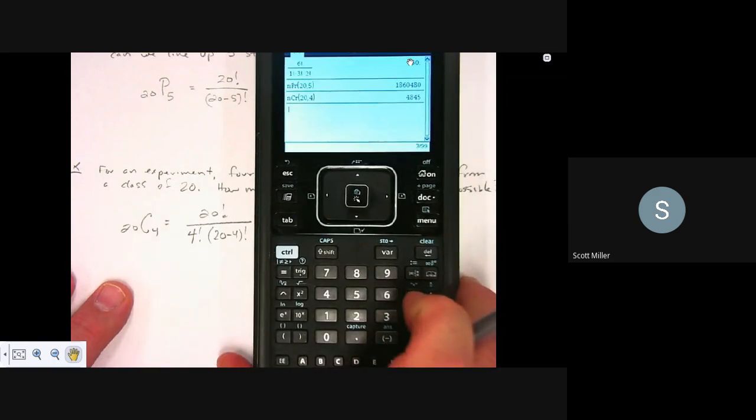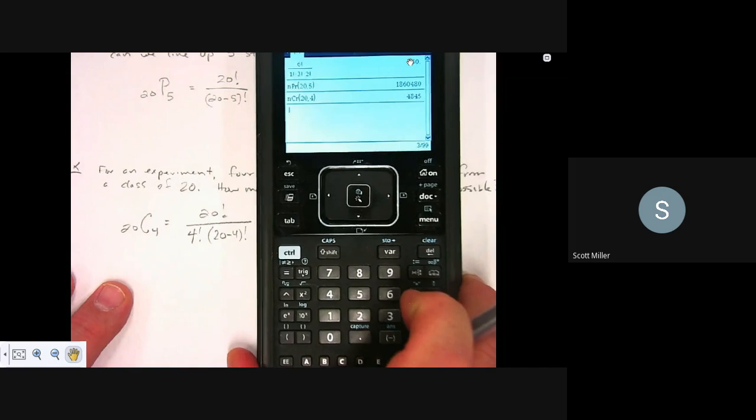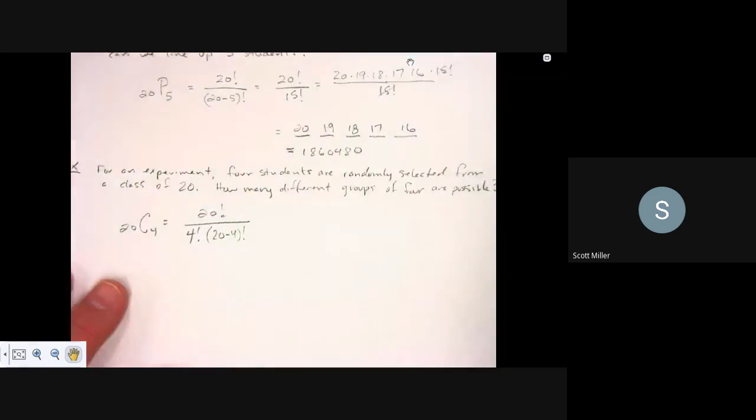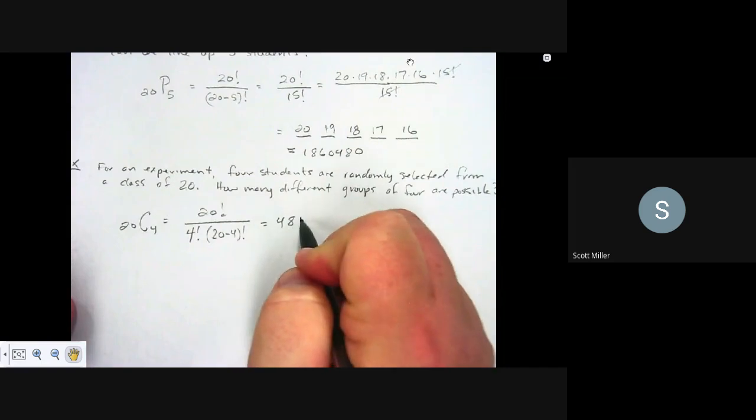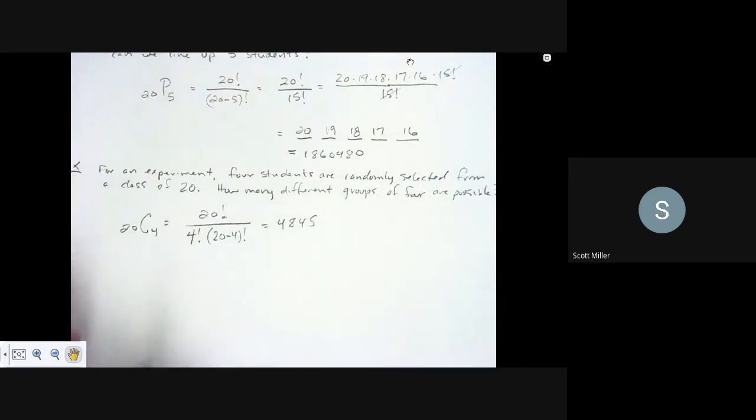And there's the number of combinations that we can get. So it is 4,845. Okay? So again, combinations are for when order does not matter.